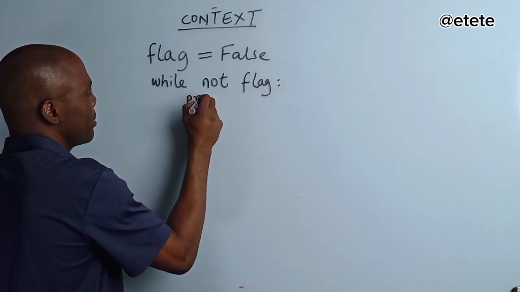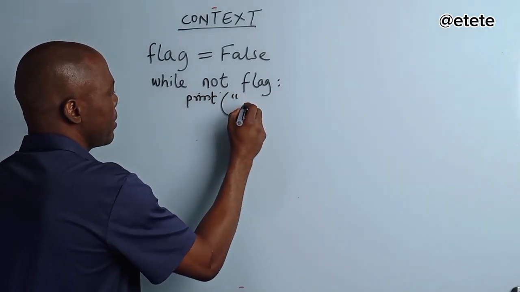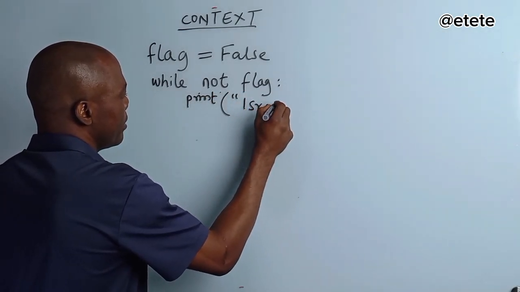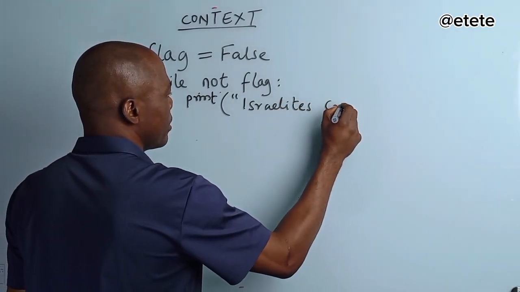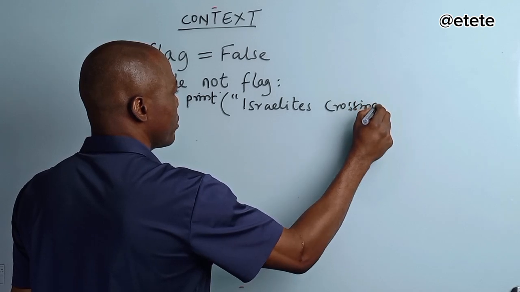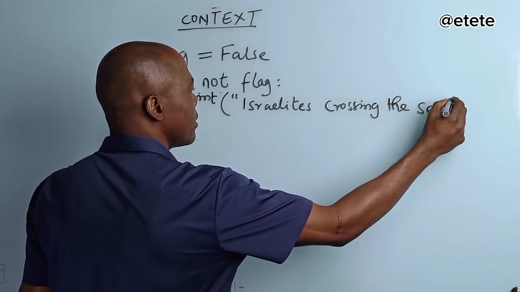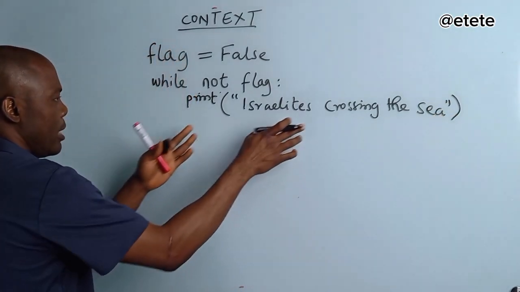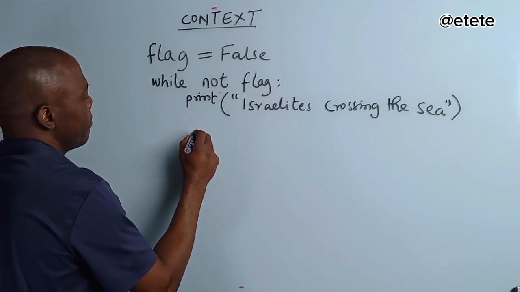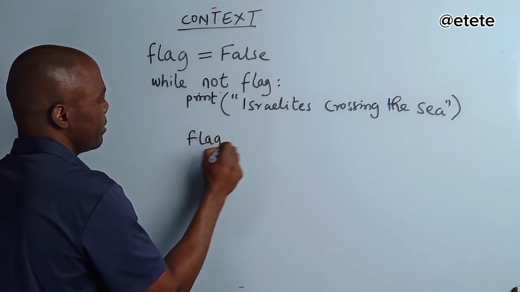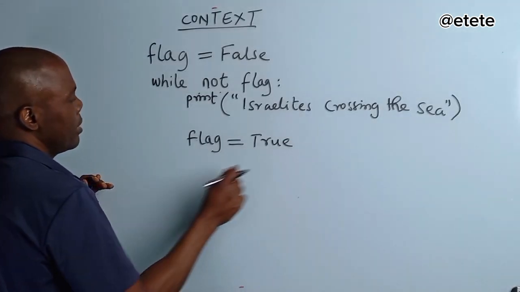And print Israelite crossing the sea, right? If I do this, and then I say flag, assign true to it, right?